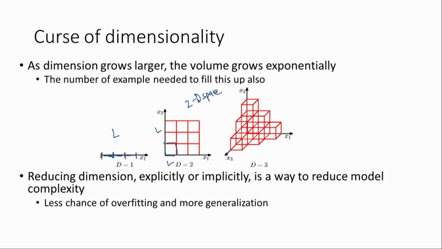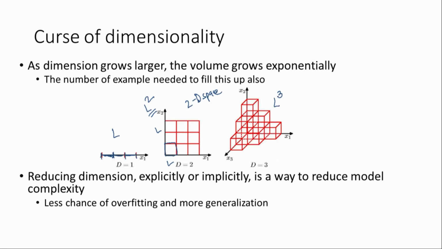How many unit squares do I need to fill up this area? L squared. I'm asking very trivial questions. When we go to 3 dimensions, we need L cubed unit cubes. How many do I need in d dimensions? L to the power d.